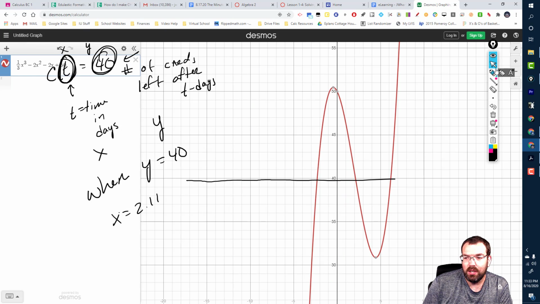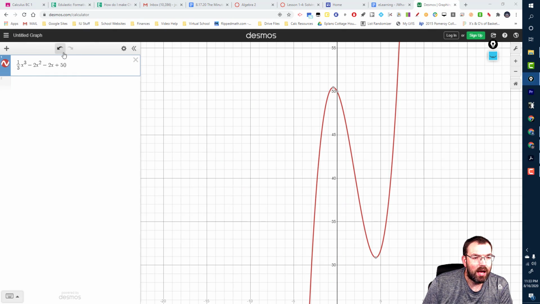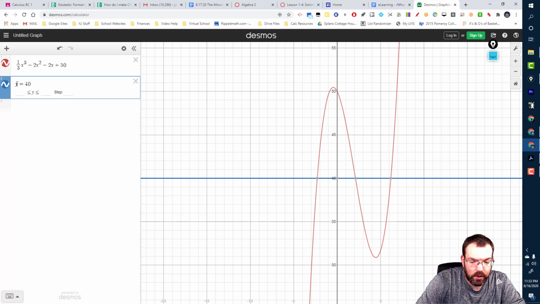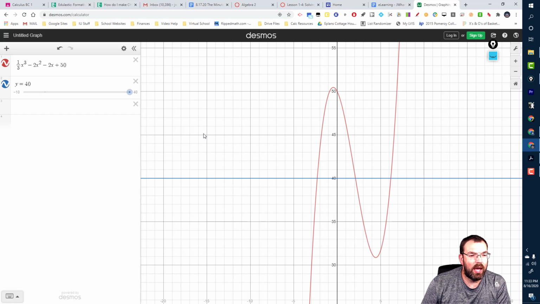I am going to hit enter on this one and make a new box, number 2. What do I want to graph? I want to graph y equals 40. So if I just type in the number 40, let's do y equals, I guess it's not reading it. So let's do y equals 40. There we go. And there's my line, that blue line right there. So that's pretty cool, huh?